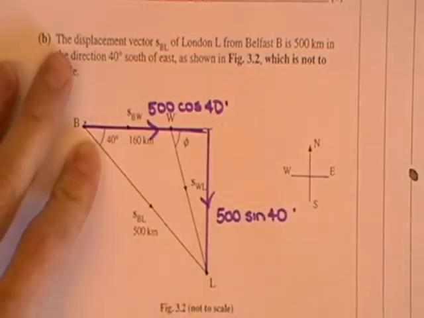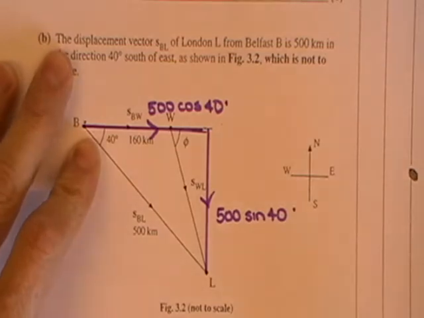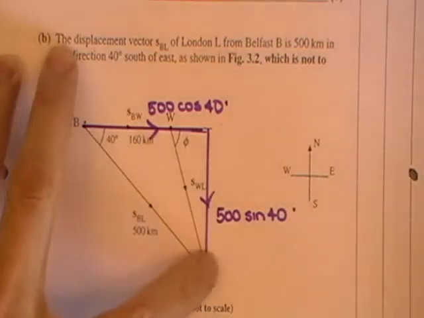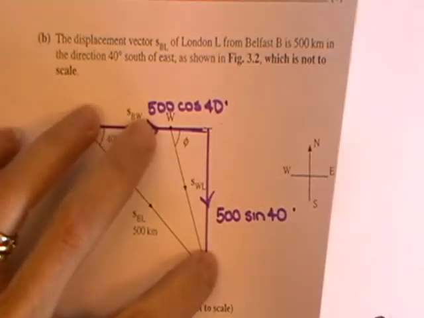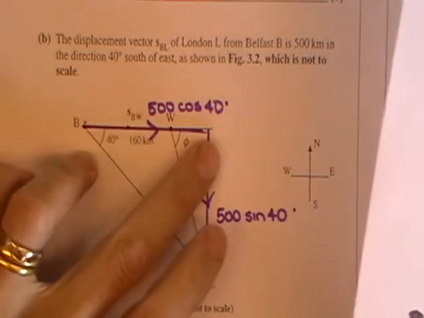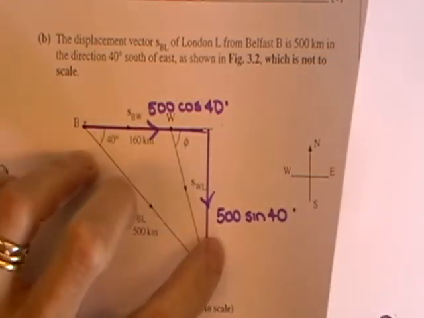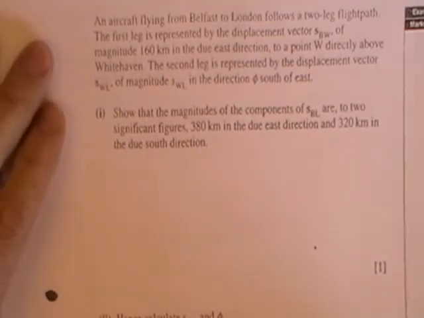So we're just going to prove that the sizes of those two components are equal to 380, this one here, and 320. So if I just do that on the next page there.